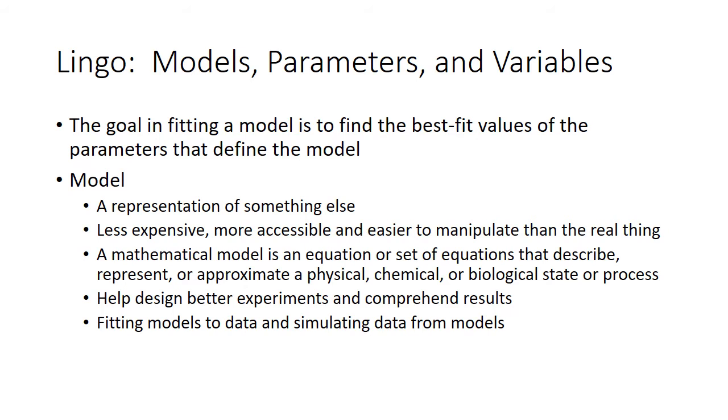And again, it's just a mathematical model. It's just using either one equation or a set of equations to try to describe, represent, or at least approximate some sort of biological state or process, chemical, physical process, anything like that. One really good example we did for a journal club last year was a study trying to determine what sort of presenting signs and symptoms were more likely to be indicative of a pulmonary embolism.